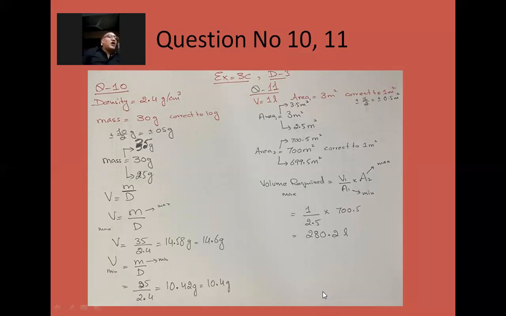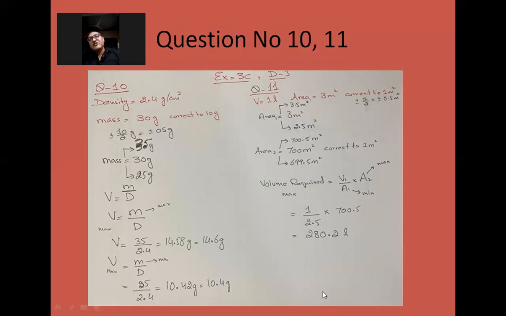Okay, now you see, he says that the density is 2.4 grams per centimeter cube and the mass is 30 grams, and that is correct to 10 gram. So I will divide the 10 gram by 2, you get plus minus 5 gram. So in your main measurement of the mass, if you add 5 gram, you will get the upper bound. From the main measurement of your mass, if you subtract this number, you will get the lower bound.